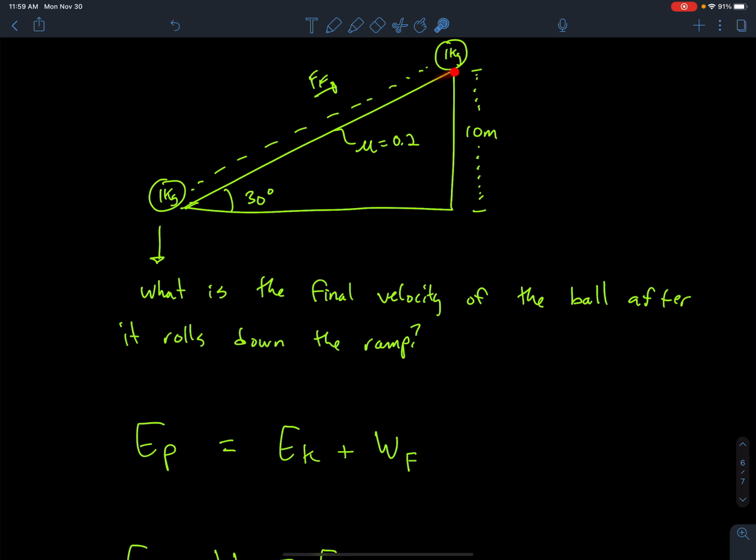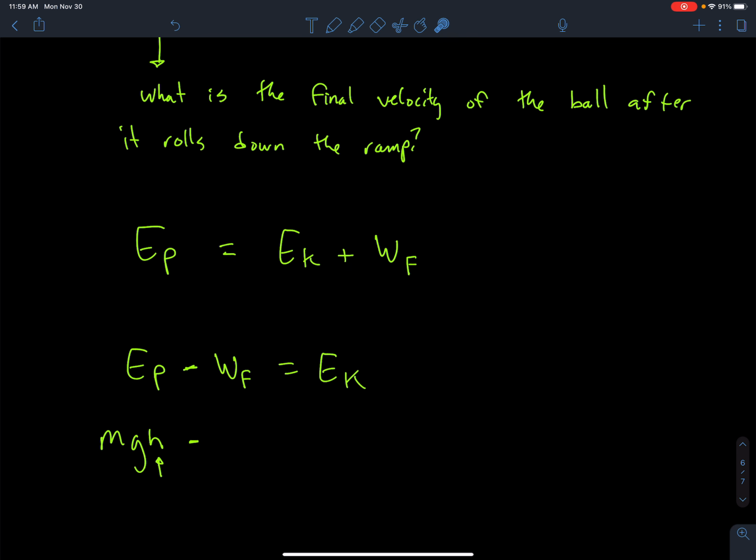Ooh, that's not easy. How do I calculate that total distance? I've got an angle, I have that side, I could probably calculate that. Let's try to piece this together. The work due to friction is going to be the force of friction times the distance it goes down the ramp, which is going to then equal 1/2 mv squared.